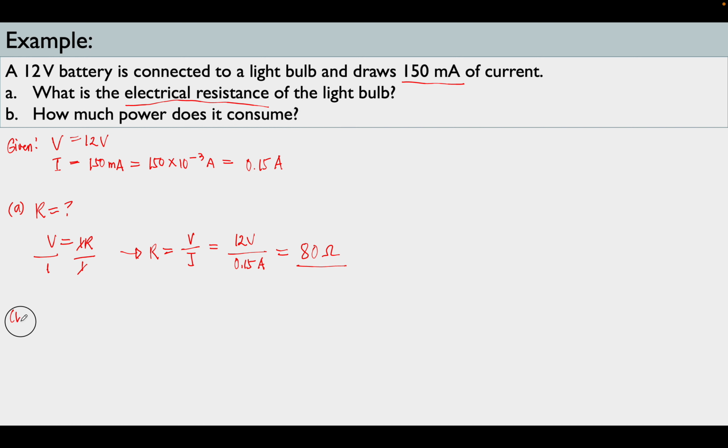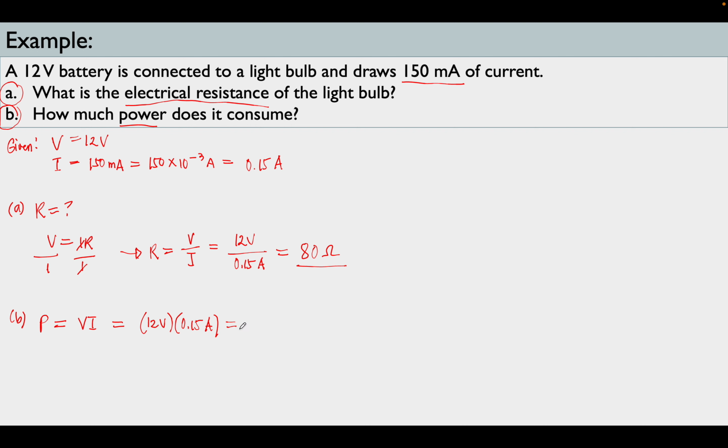Now we are done with letter A, so we proceed with letter B. Letter B is how much power does it consume? The formula for power that we will be using is P is equal to V times I. We have the value for V as well as for I, so we can solve for the power. We have 12 volts times 0.15 ampere.